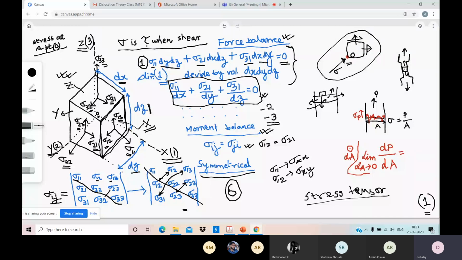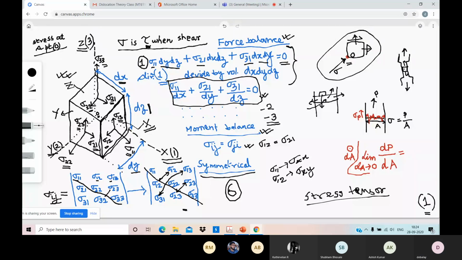And just one small additional piece of information: when it is shear stress, often the symbol sigma is replaced by tau, because tau is used to represent shear stress. You can write it as sigma, but you can also use tau to distinguish between normal stress and shear stress. Normal stress is written as sigma.